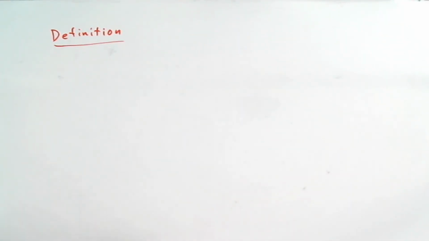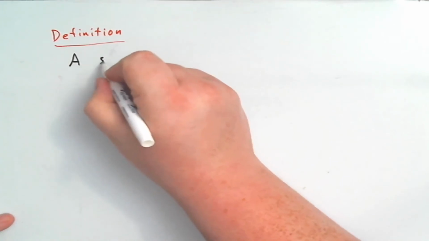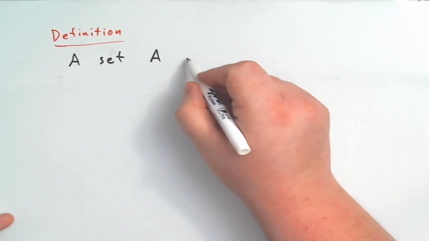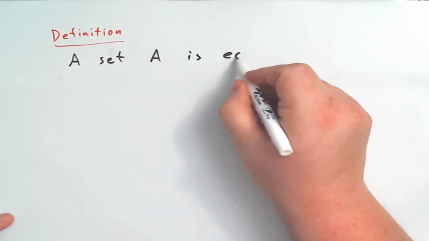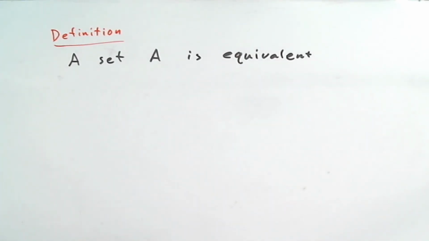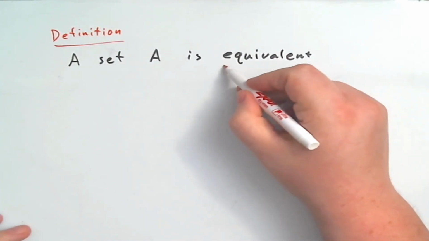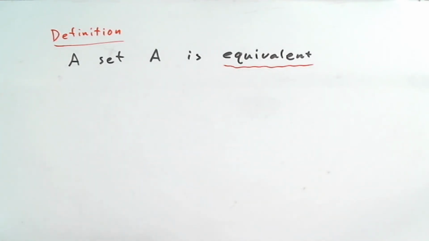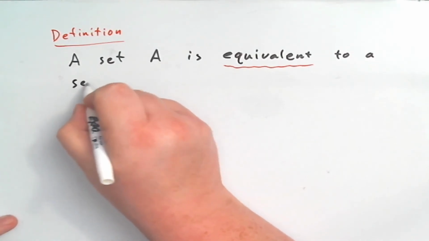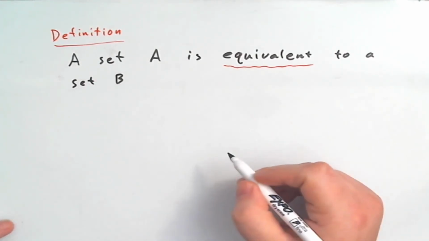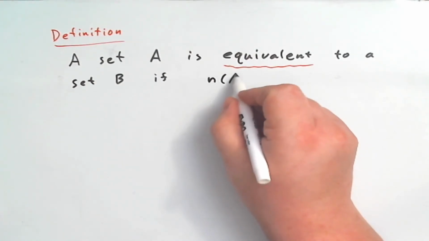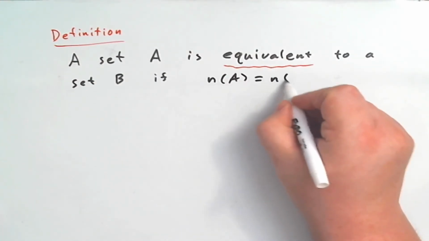So, definition: a set A is equivalent, and this is the word we're defining, so we're going to underline it, a set A is equivalent to a set B, so another set, if the cardinality of A is equal to the cardinality of B.